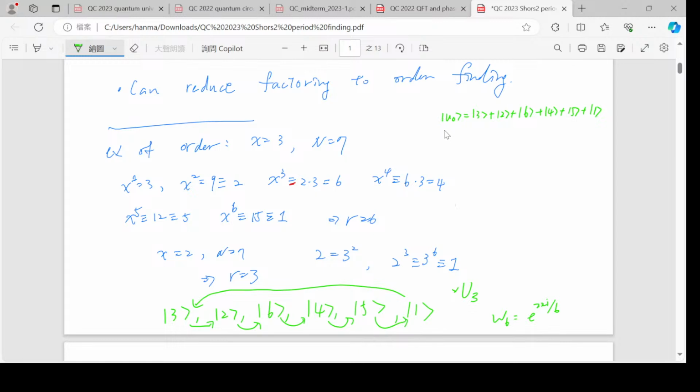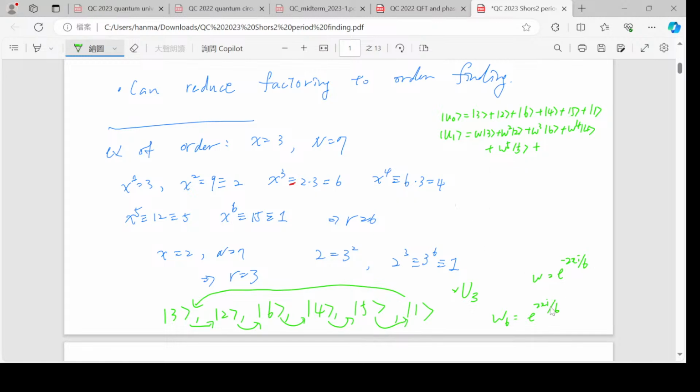And then we have U1 equal to, okay, so we need to define omega equal to e to the minus 2 pi i divided by 6. And it's omega times 3 plus omega squared times 2 plus omega cubed times 6 plus omega to the 4 times 4 plus omega to the 5 times 5 plus omega to the 6 times 1.